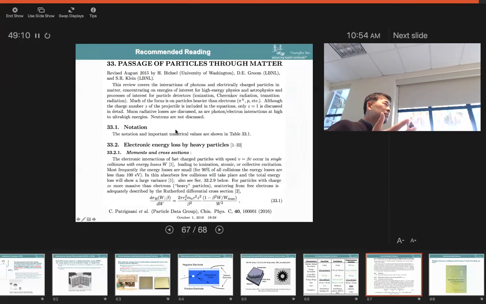They have a big book with each chapter describing all these different physics, and they always want to have up-to-date information. If you go to pdg.org, you can even download the entire Particle Data Group publication about current physics. One of the chapters is about the passage of particles through matter. This is exactly the physics that we talked about, interaction of charged particles, interaction of radiation with matter. This is really the best material you can find.